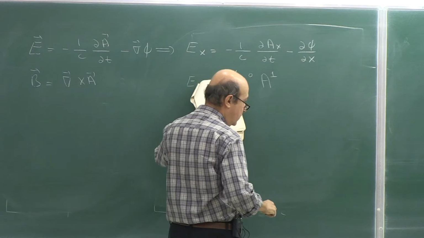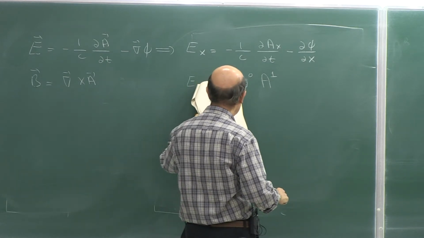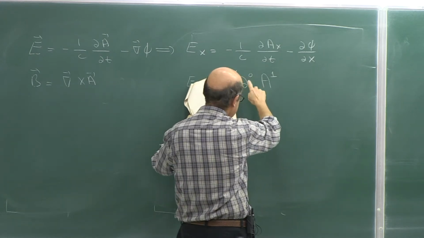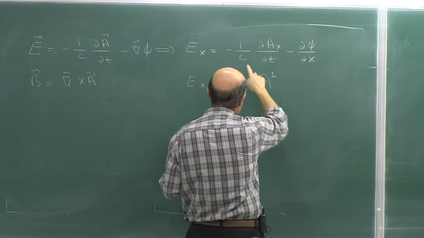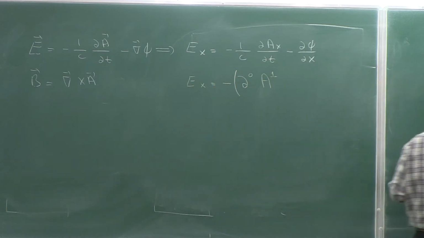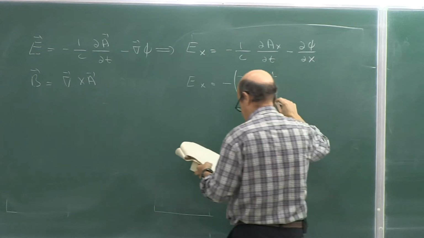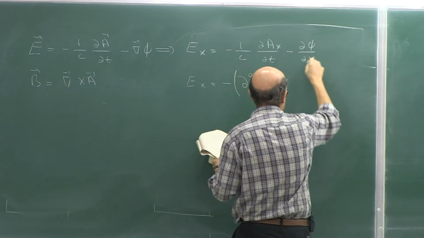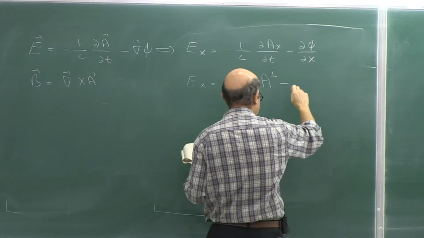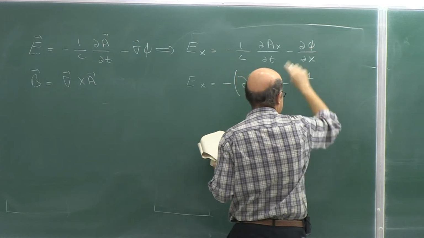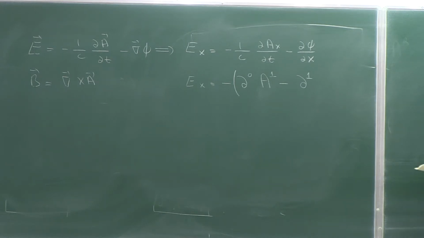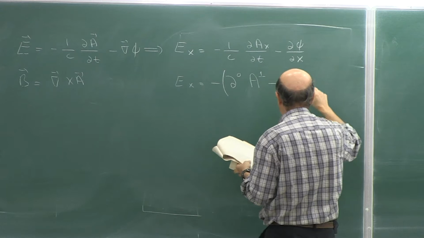If you ignore this term for a moment, that will be del 0, which is del over del ct, and A1 is nothing but Ax, minus, what is del over del x? Del over del x is del 1. What is phi? Phi is nothing but the time component of the four potential, that is A0.